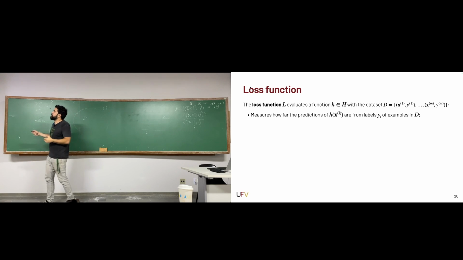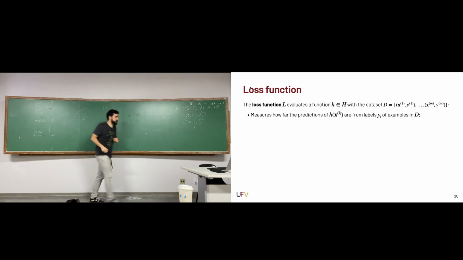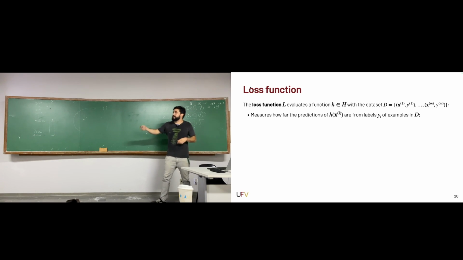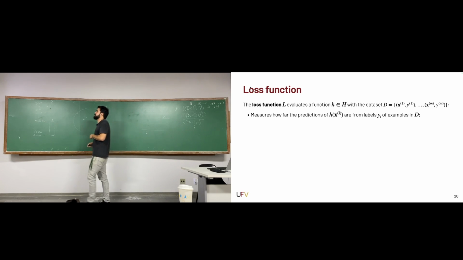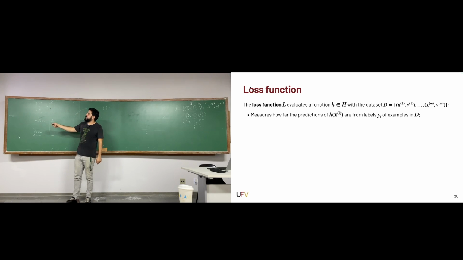It measures how far the predictions h of x_i are from the labels of the examples in D. So if I take x1, for example, and give it as input to h, this function h is going to return me a prediction y. I want to know how far this returned y is from y1.